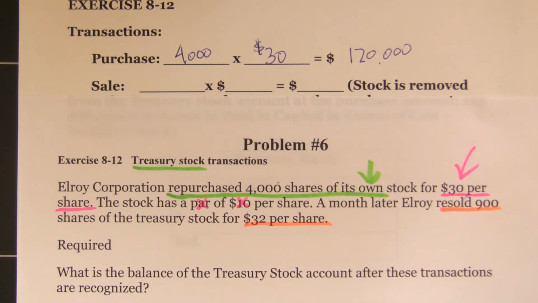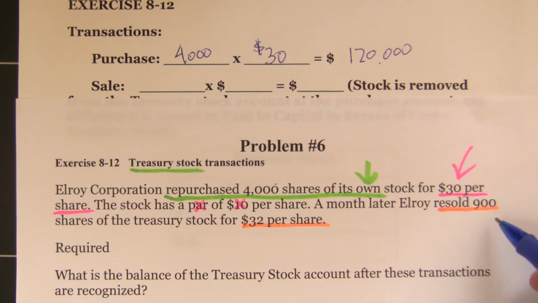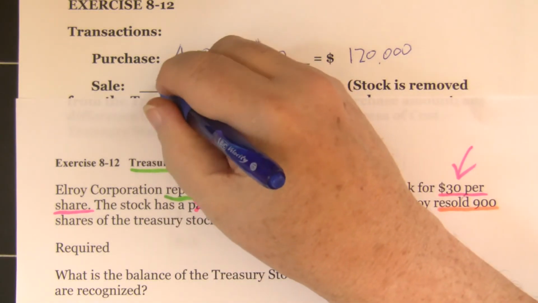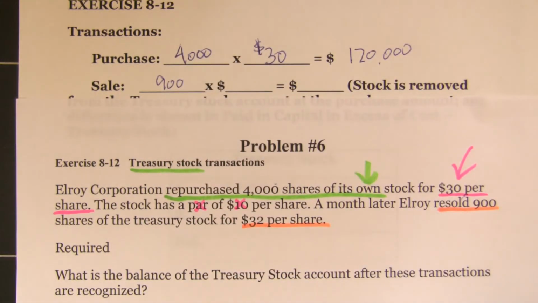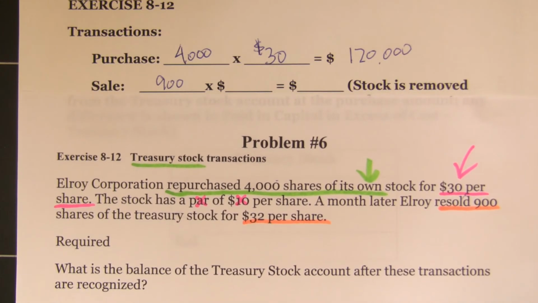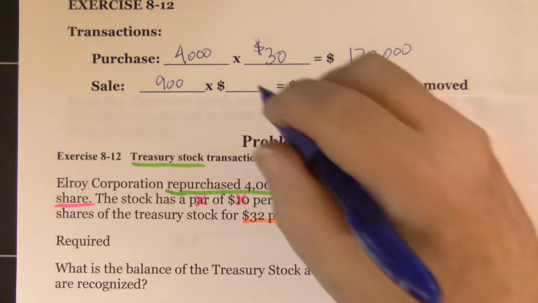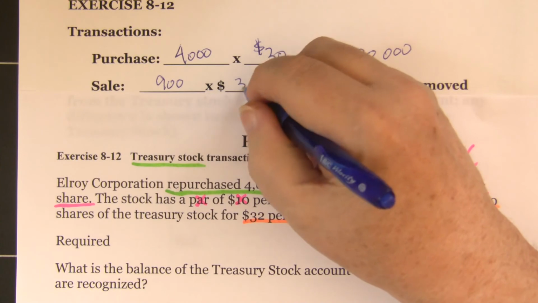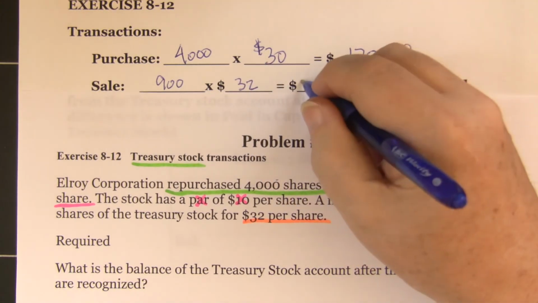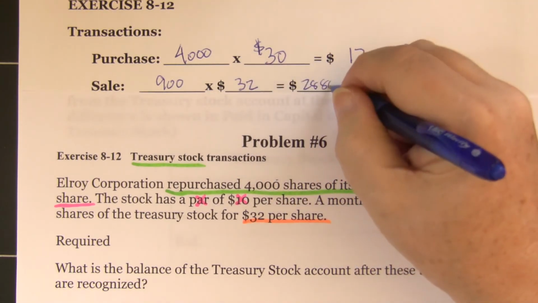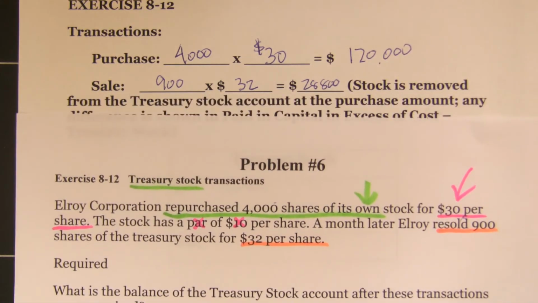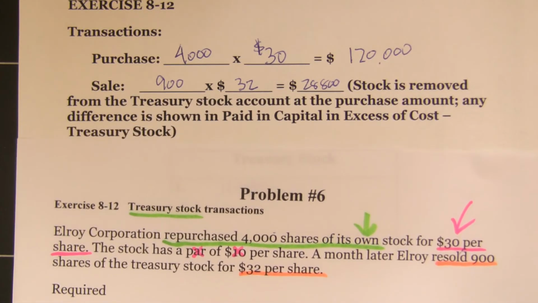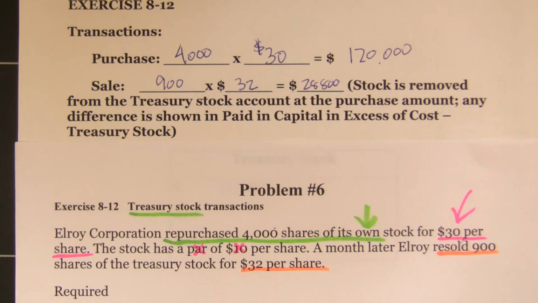Later on, we're going to sell 900 shares, and we're going to sell them at $32 a share. That's 28,800. But we remove it at cost.